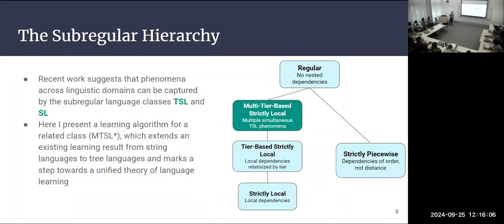This will extend an existing result from learning string languages to learning tree languages, which is what we use for syntax or sentence structure, and bring us toward a theory of language learning that is unified across these domains. This subregular approach allows us to unify the string structure and tree structure worlds into one cohesive story.